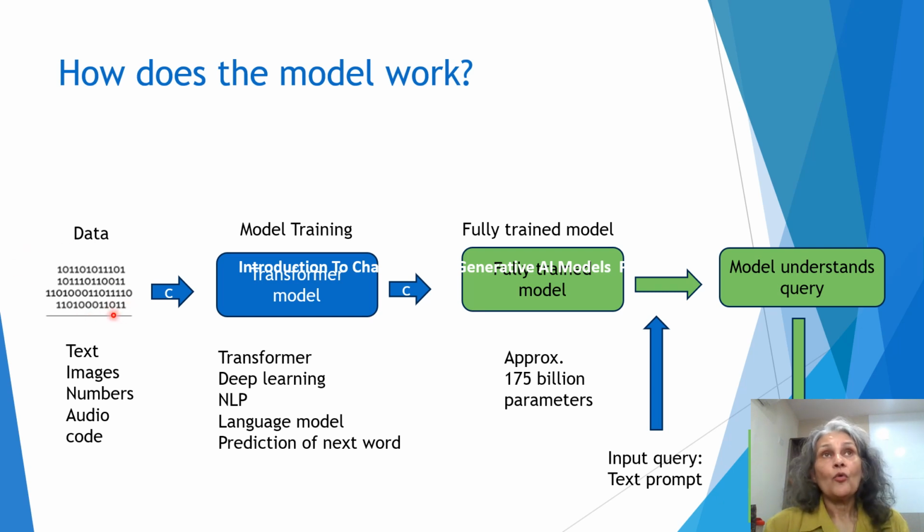Once we have that ready, this data is then pushed to a deep learning model called the transformer model. The transformer is a specific type of deep learning model which is used to learn the natural language processing language models. Now, what is a natural language processing language model?